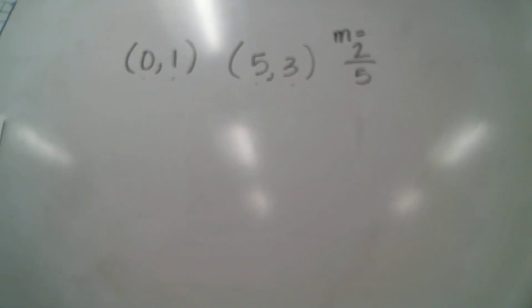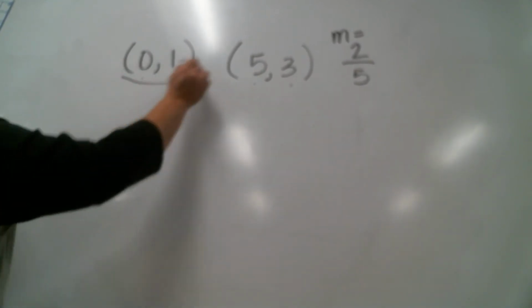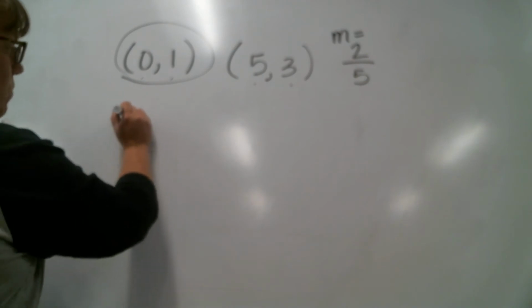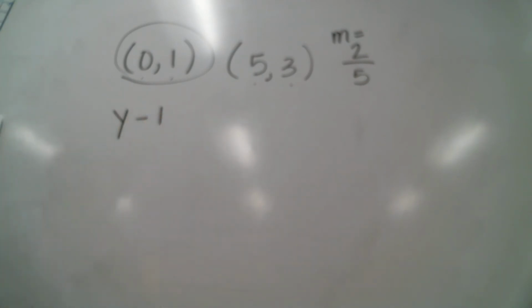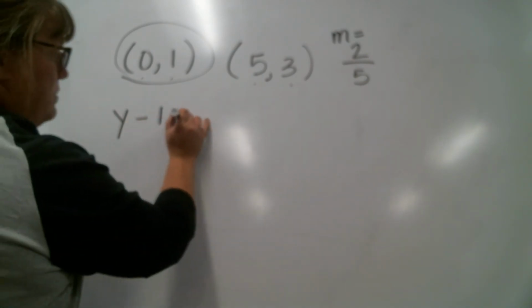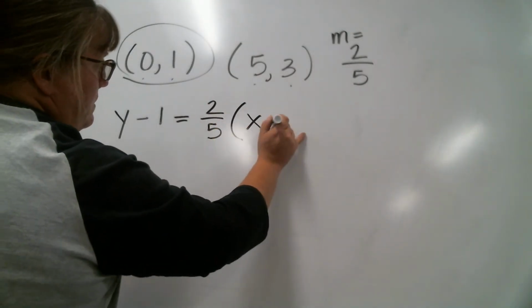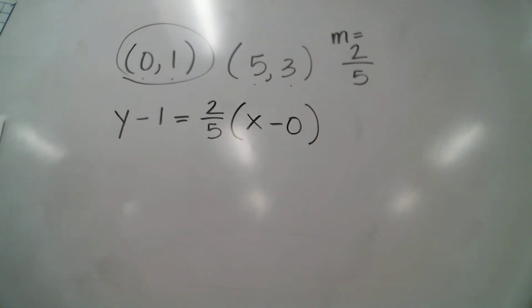Okay, and then I'm going to use the point-slope formula. I'm going to pick a point. I'm picking this one, and I'm using 2/5 as a slope. So y minus y1, y minus 1 equals m, which I'm using 2/5, times x minus x1, which is 0.